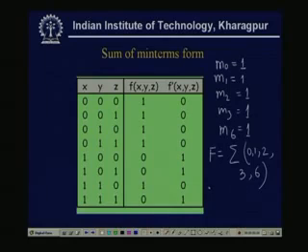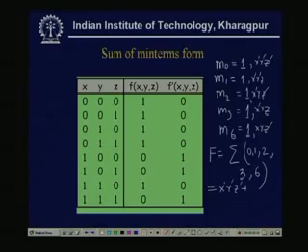The 0th term means actually x dash, y dash, z dash. 1 means this is x dash, y dash, z. 2 means this is x dash, y, z dash. 3 means this is x dash, y, z, and 6 means this is x, y, z dash.